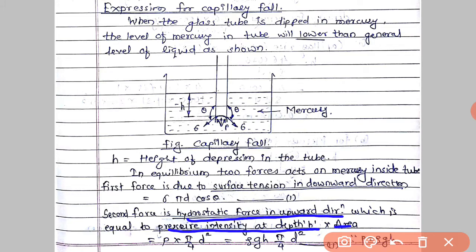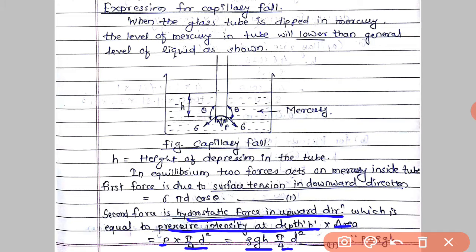So it is equal to P into π/4 d², where the pressure intensity is P is equal to ρ g h. ρ is density, g is acceleration due to gravity, and small h is the capillary depression, and the area is π/4 d². So in equilibrium condition, we have to equate those two equations.